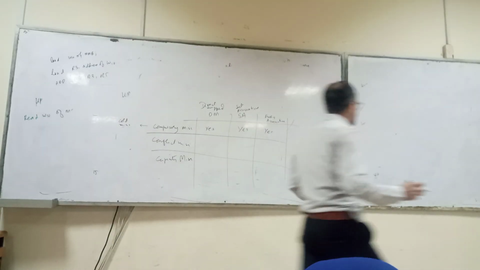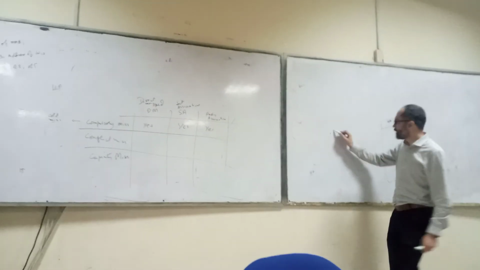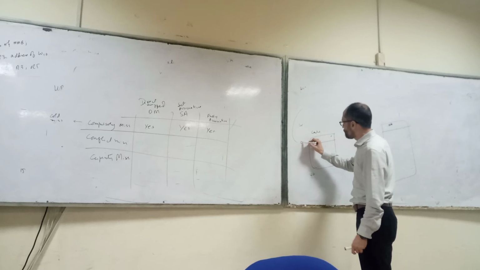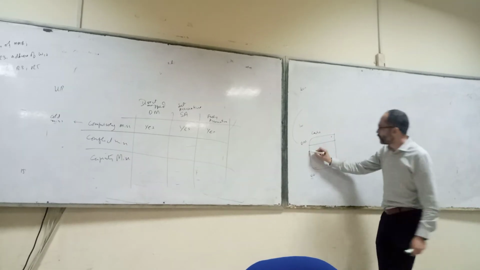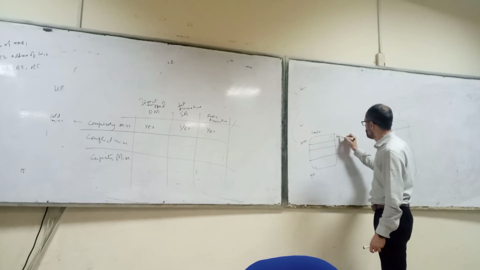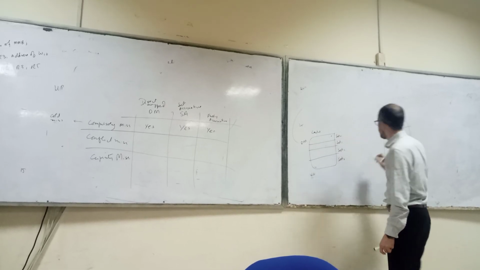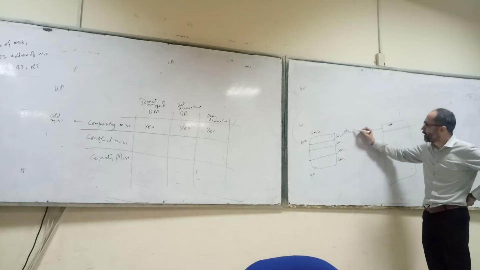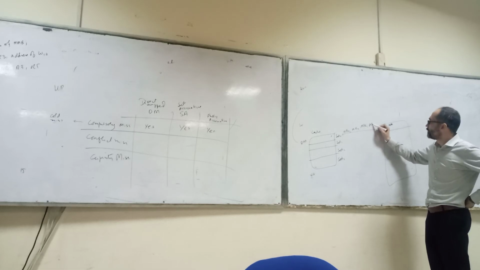Now let's assume you have a main memory, and now you have some cache. And it is actually a direct map cache. Let's assume we have only 4 sets: set 0, set 1, set 2 and set 3. So main memory block 0 will be mapped here. Then which blocks? 4, 8, 12 and so forth.